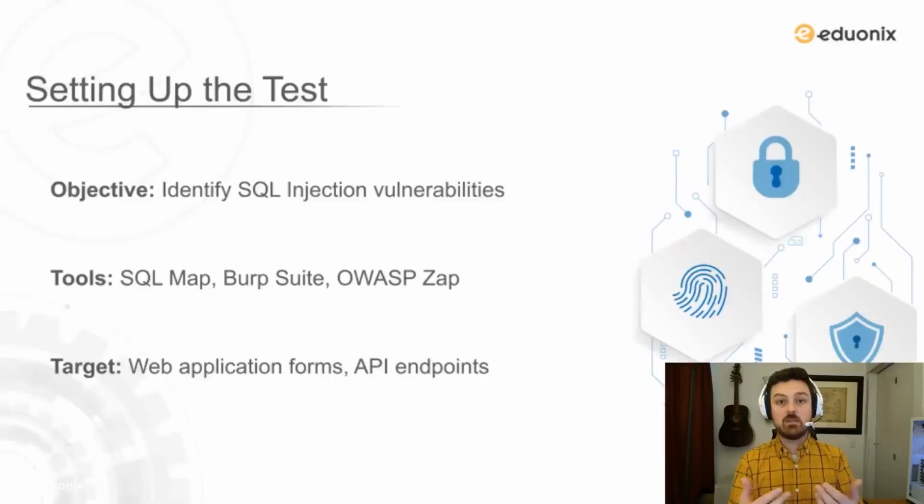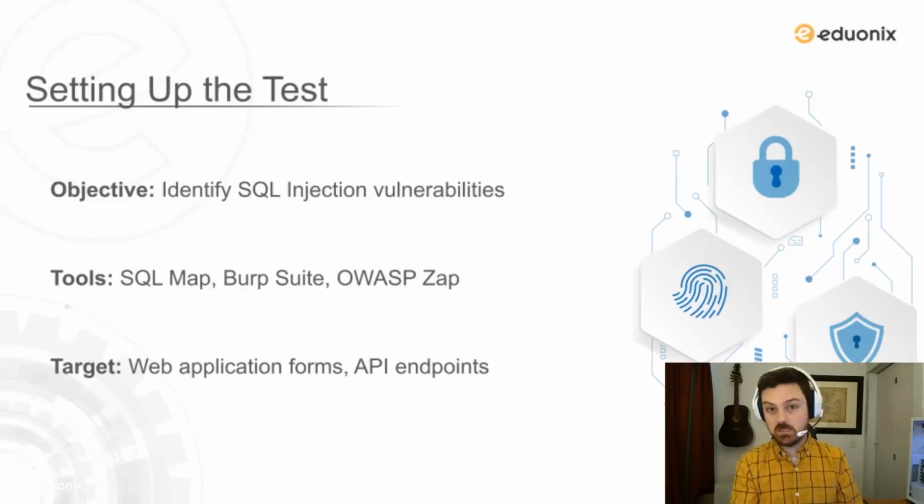The first step is setting up the test. So we're going to identify potential SQL injection entry points, whether that's a form. We've seen in my walkthrough, especially with the OWASP Juice Shop, where you're using a username and password form and putting inputs into the username field to get it to run code.